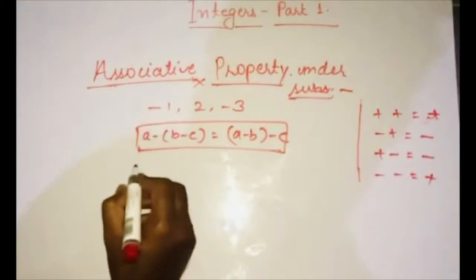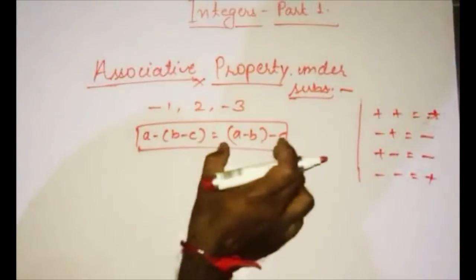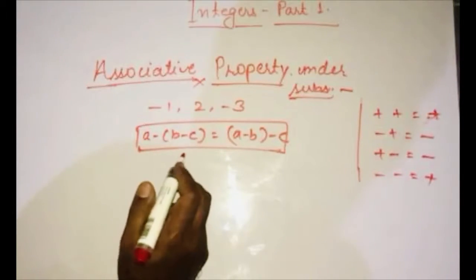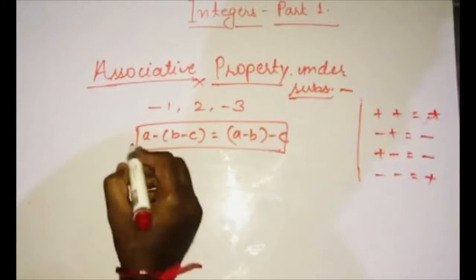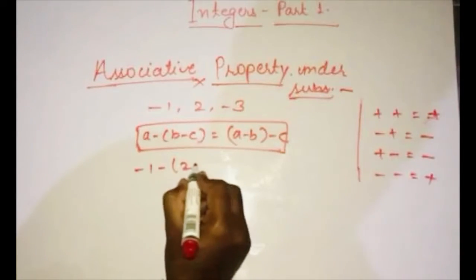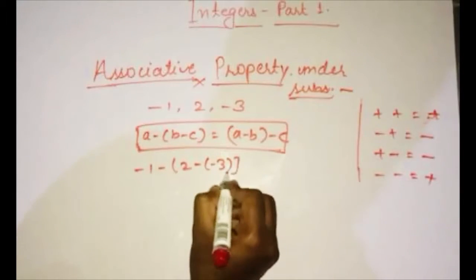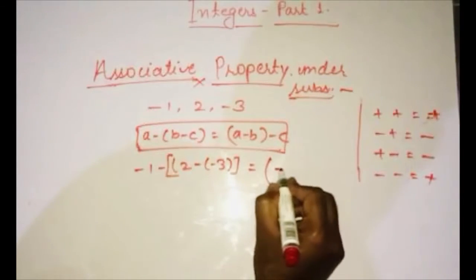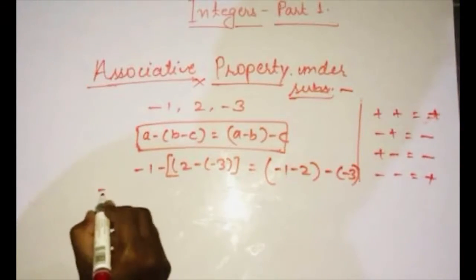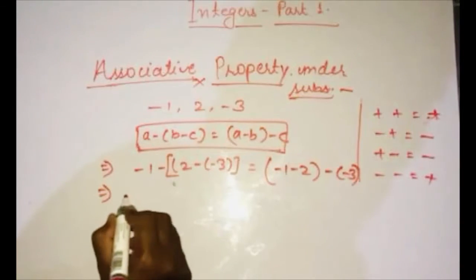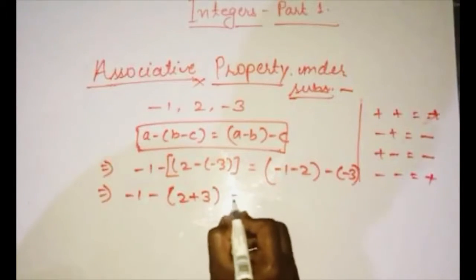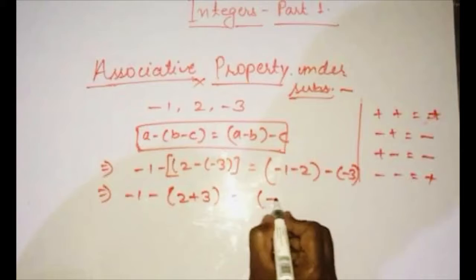Now I'll put these values over here, and you just need to check whether the answers of both the expressions are the same or not. If it's the same, it means integers are associative under subtraction as well. If it's not the same, it means they are not. Let's check it out. Minus 1 minus, in brackets, 2 minus minus 3, equal to, in brackets, minus 1 minus 2, minus minus 3.